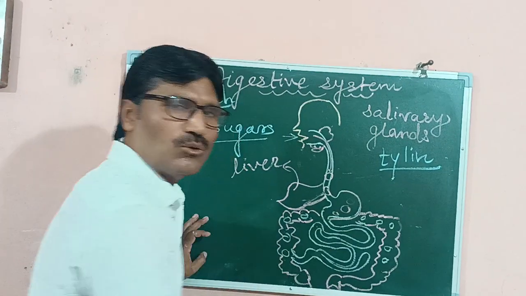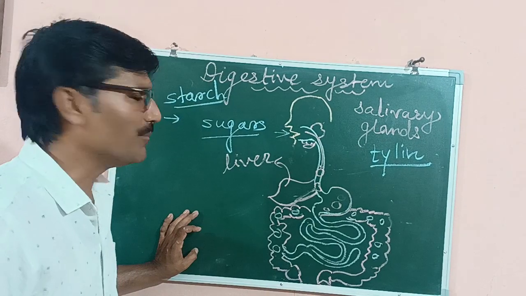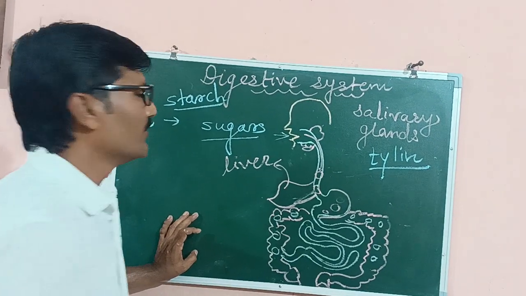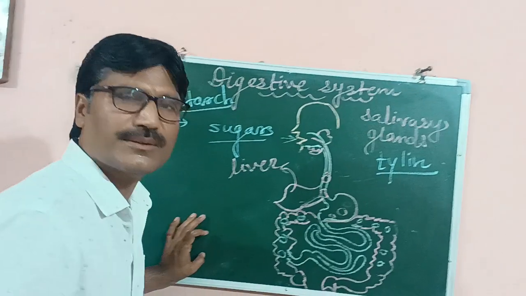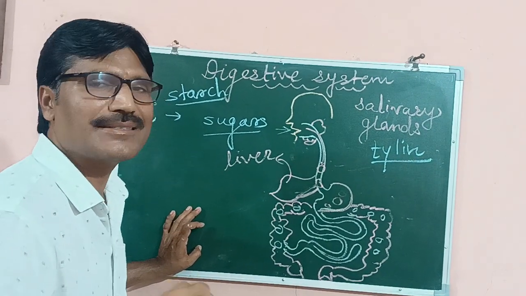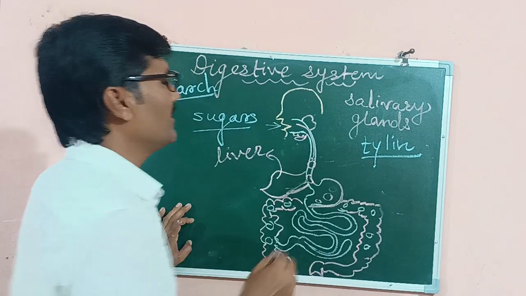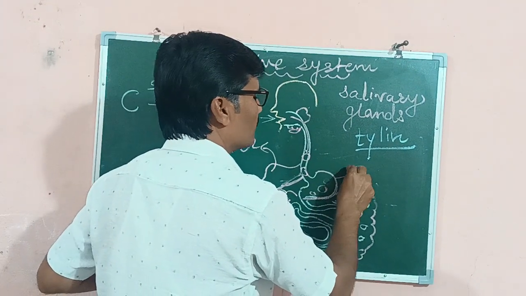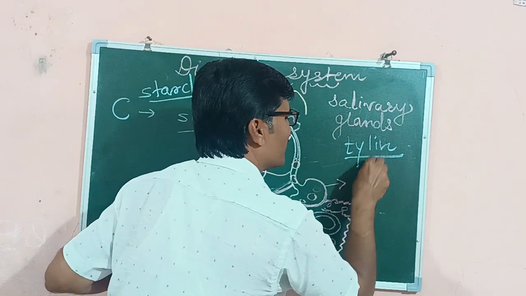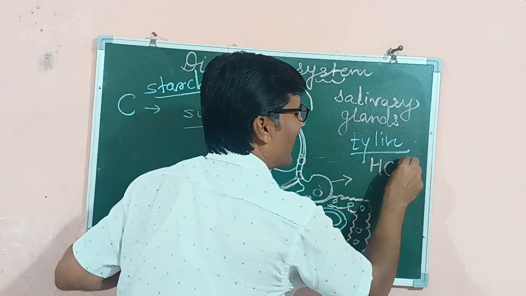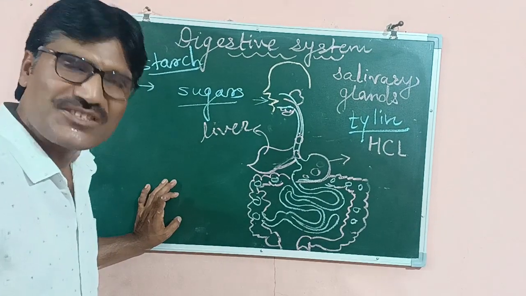Now take a look at the stomach. This stomach contains three types of enzymes. The first one is hydrochloric acid, HCl.